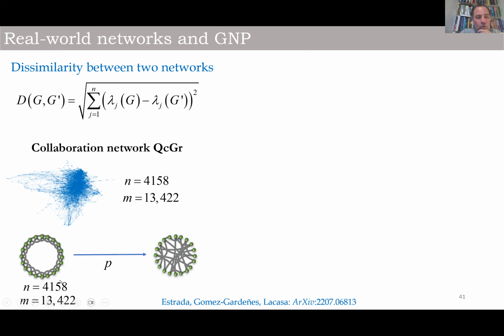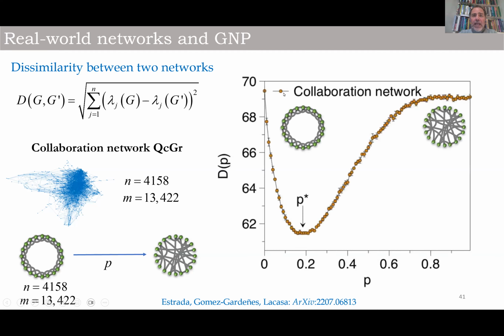So we create a circular graph with this number of nodes and edges, and then we rewire for probabilities between 0 and 1, and we calculate the similarity of every one of these snapshots of the network with the real-world network in terms, for instance, of the spectrum of the adjacency matrix.